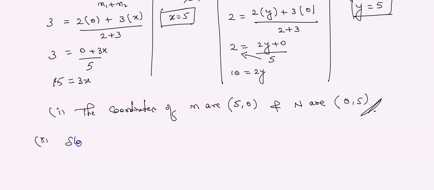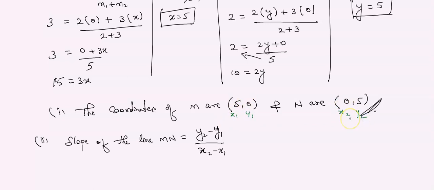We know that the slope of the line MN equals (y2 minus y1) by (x2 minus x1). Now see here, interesting. We just got (5, 0) as x1, y1 and (0, 5) as x2, y2. Shall we substitute?